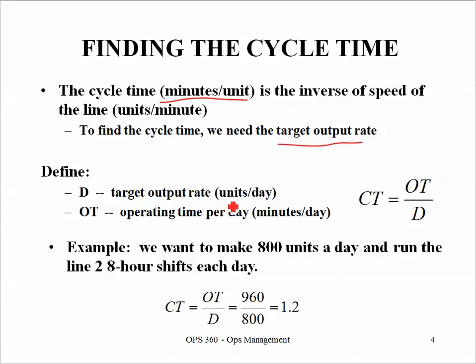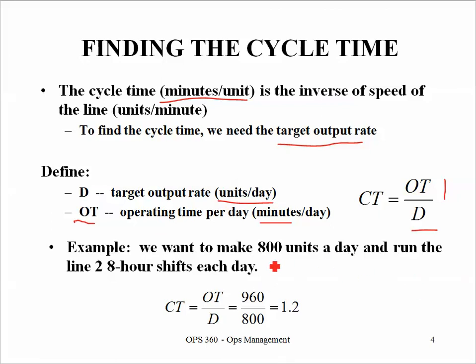If the target output rate is stated in terms of units per day, then I'm going to divide the target output rate into the operating time per day, represented here by OT, where the operating time per day is expressed in terms of minutes, the same unit of time that I'm going to be finding my cycle time in. So this simple formula says to find my cycle time, I simply take the operating time per day in minutes per day and divide it by my output rate, which is units per day.